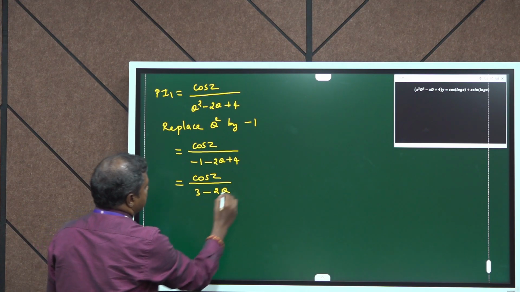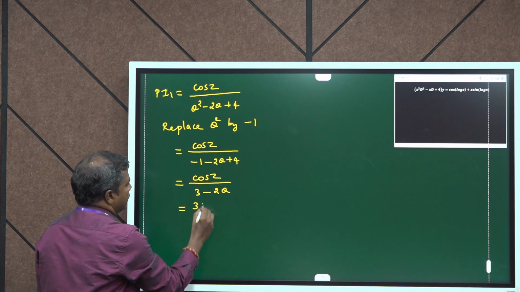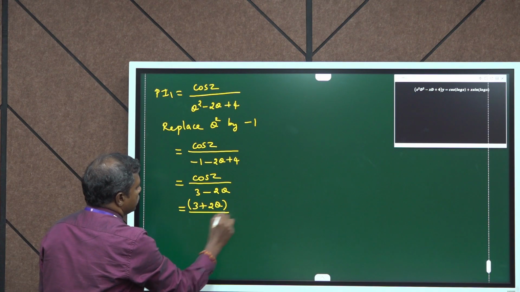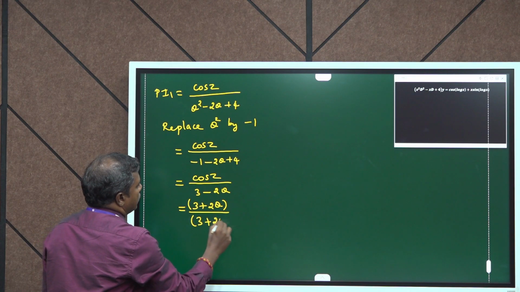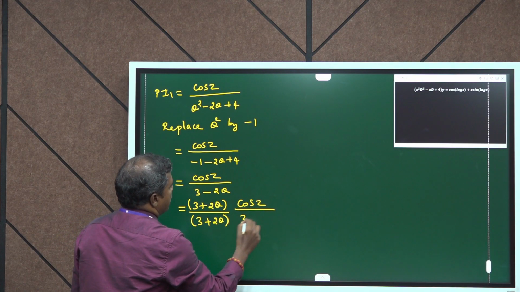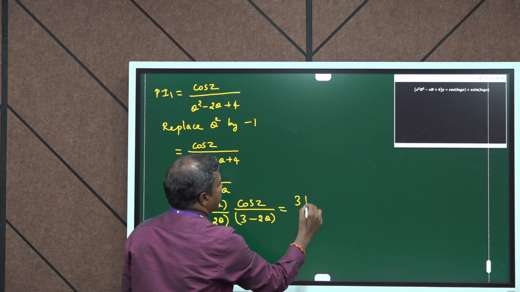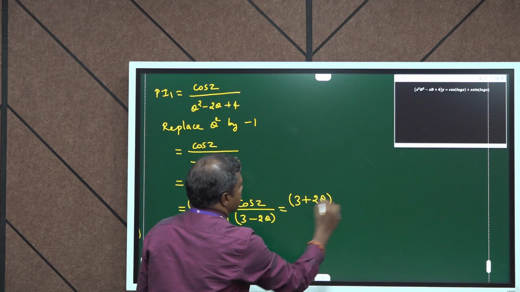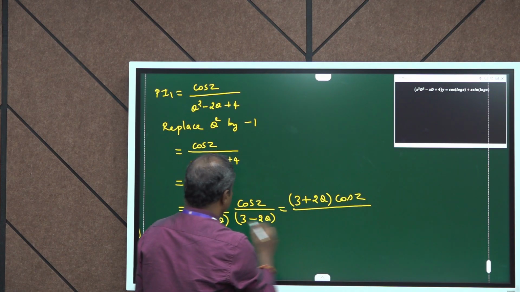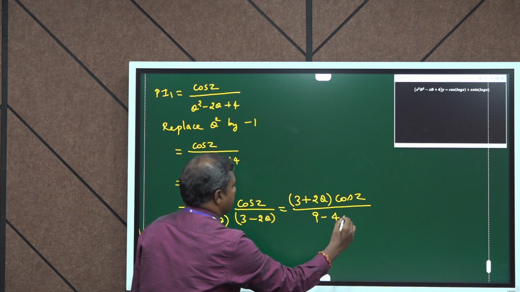We have to multiply the numerator and denominator by the conjugate of 3 minus 2 theta, namely 3 plus 2 theta. We get 3 plus 2 theta into cos z by a plus b into a minus b, so 9 minus 4 theta square.